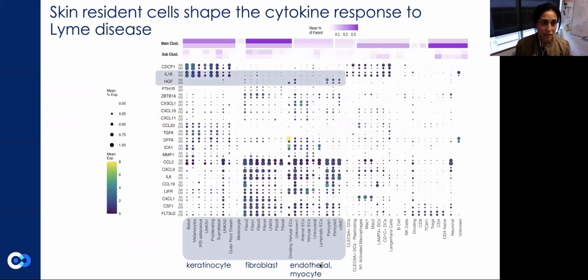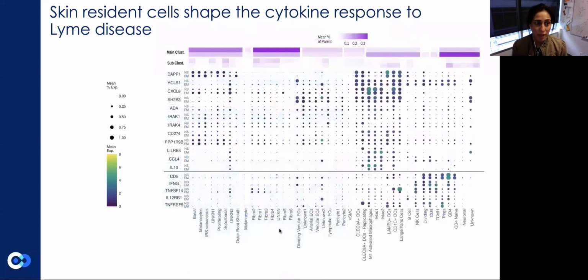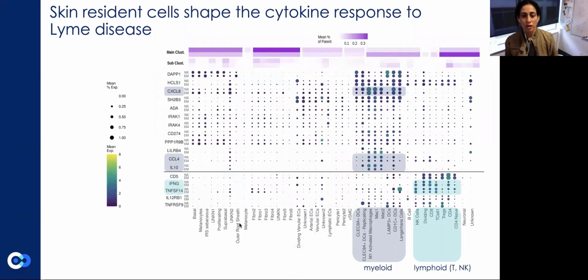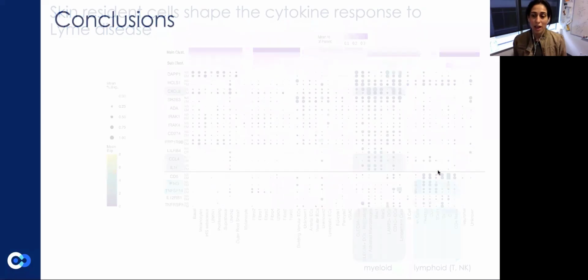Most of the cytokines I was talking about, IL-18, CXCL9, 10, 11, are all upregulated in these different types of skin cells, not so much in the periphery. We can also look at myeloid cells, which produce most of the IL-10 and CXCL8, and most of the interferon gamma, which was the predominant signature, again appears to be coming from the skin, from the T cells and the NK cells that have infiltrated the skin in response to the disease.